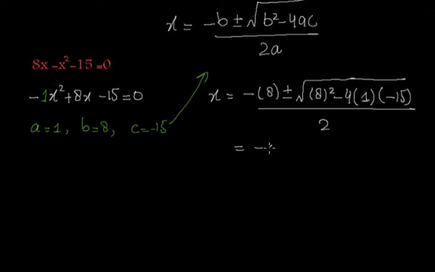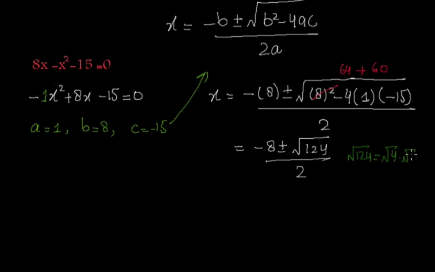So if we simplify, 8 square is 64, and -4 times 1 times -15 is +60, and 64 plus 60 is 124 over 2. And if you take the square root of 124, it's square root of 4 times square root of 31. So you can write it as 2 times square root of 31.